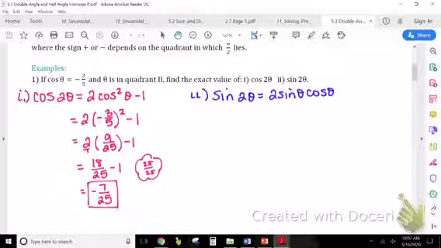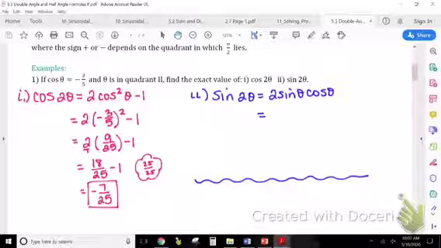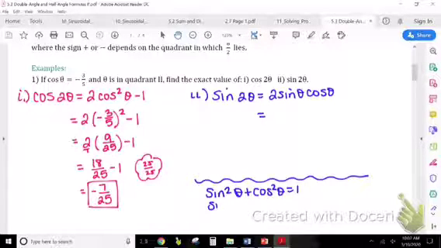But we can find it, can't we? How are we going to find it? Well, yeah, we know cosine, but we also know that sine squared plus cosine squared equals 1, right? And so we're after sine, and cosine was negative 3/5.